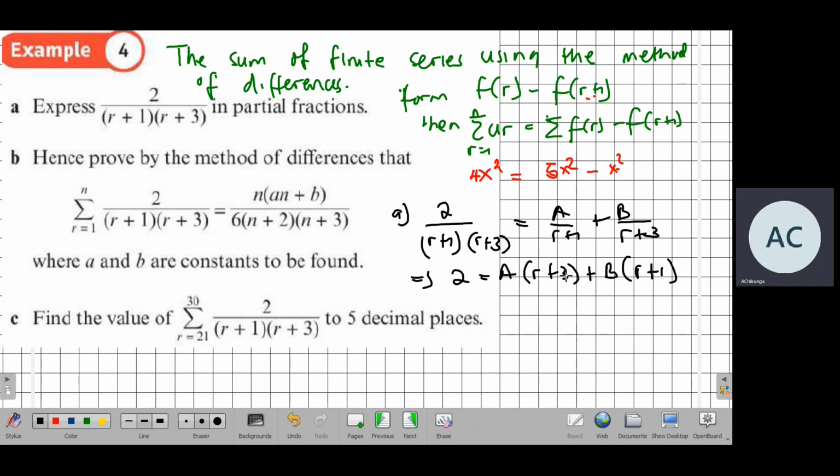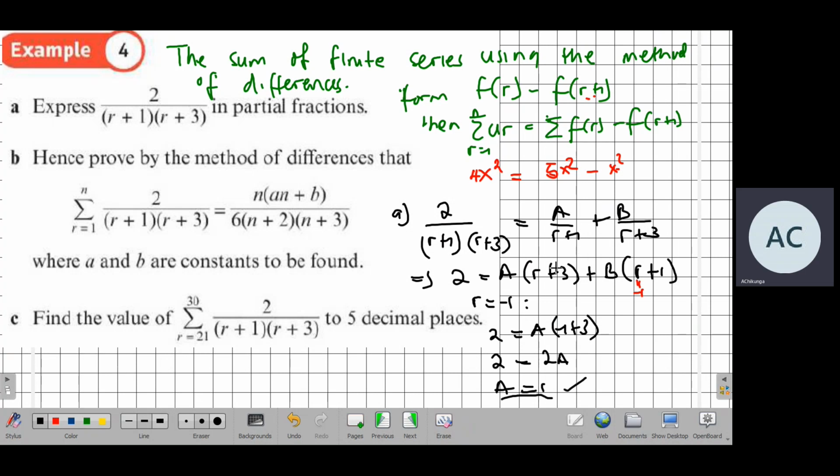To eliminate a, let me actually start by eliminating b. I can set r equal to minus 1, because if I put a minus 1 here, this whole part becomes 0. So we are going to have 2 is equal to a(minus 1 plus 3), which is just 2 equal to 2a, suggesting that a is equal to 1.